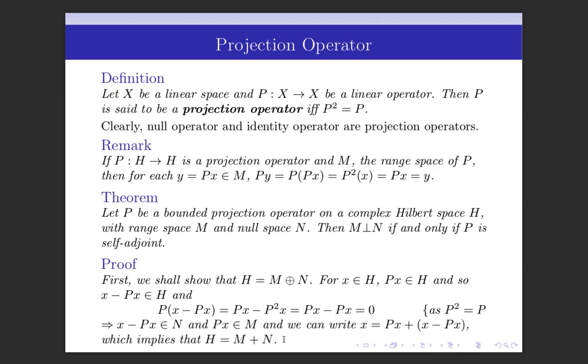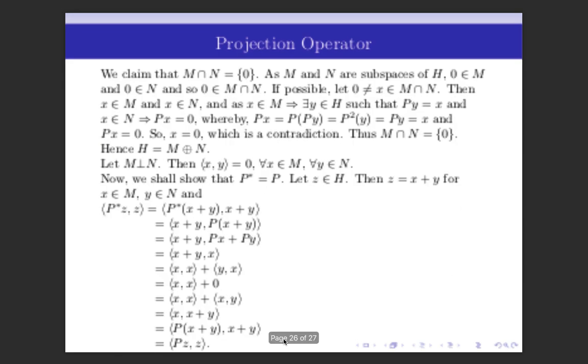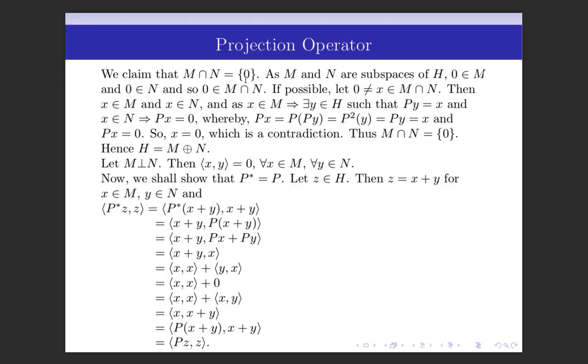Next, we have to show that M intersection N is the singleton {0}, where 0 is the null vector.